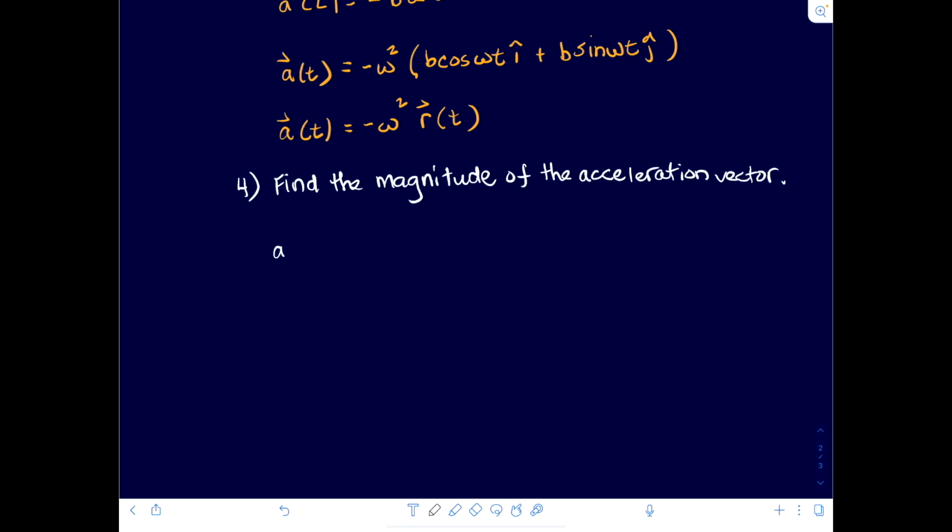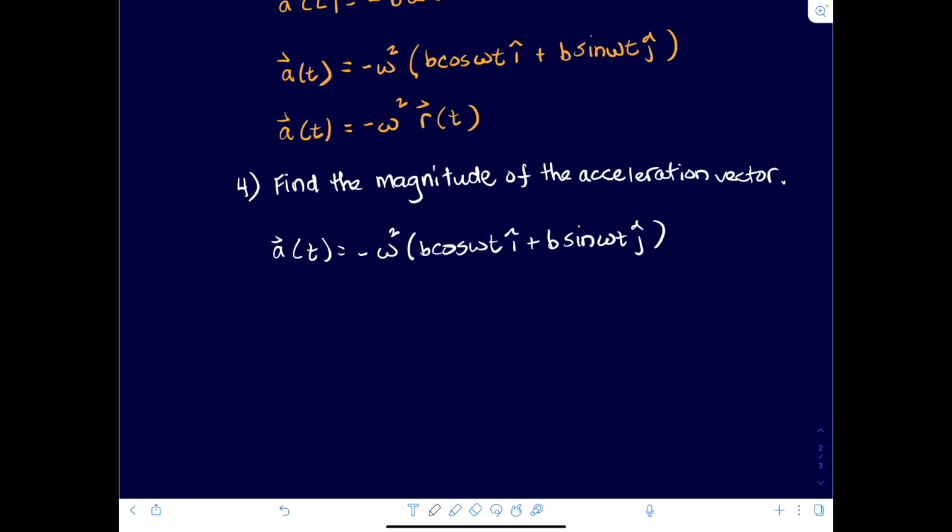The acceleration vector was a at t equals negative omega squared times r at t. Well, in this case, I'm going to write r at t out. So we have b cosine omega t i plus b times sine omega t times j.